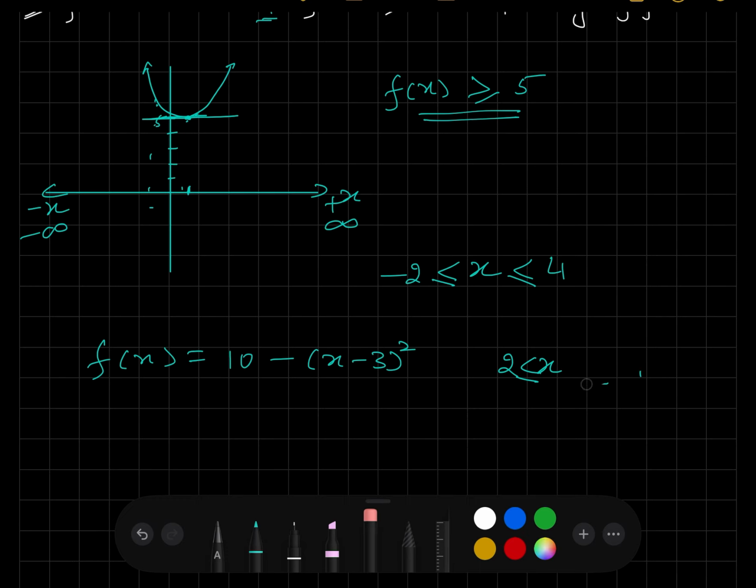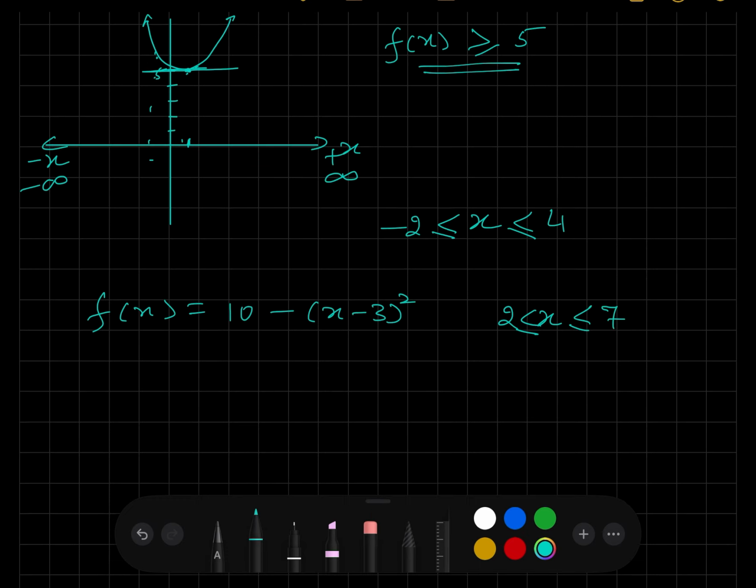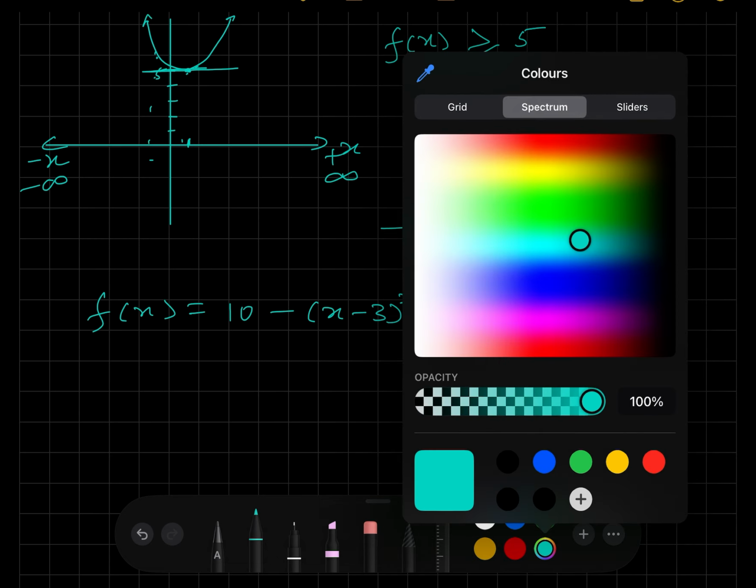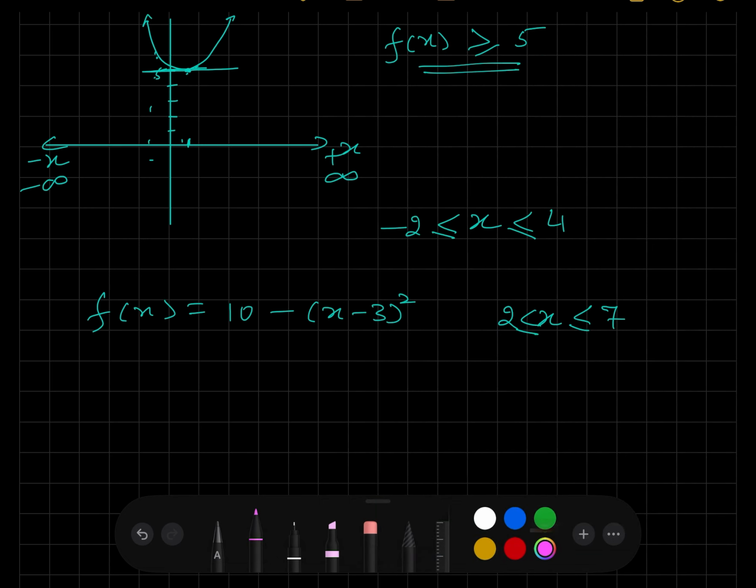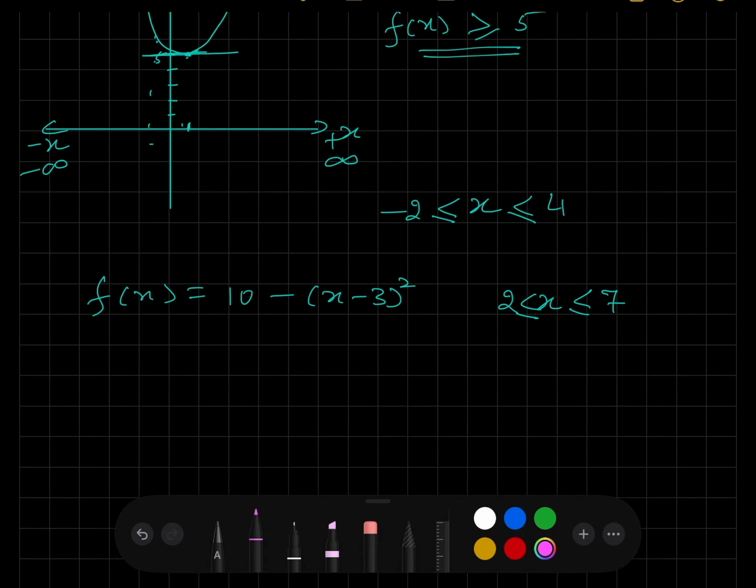We have been asked to find the range. So I will simply find f(2). f(2) would be 10 minus (2 minus 3) whole squared, that is 10 minus negative 1 squared, which is positive 1, so 10 minus 1 is 9.